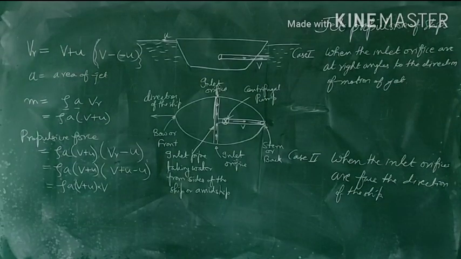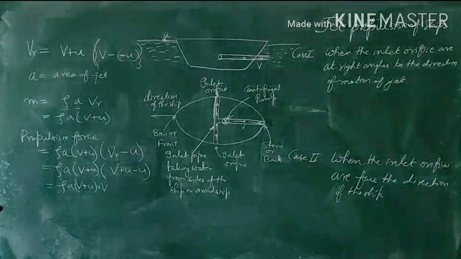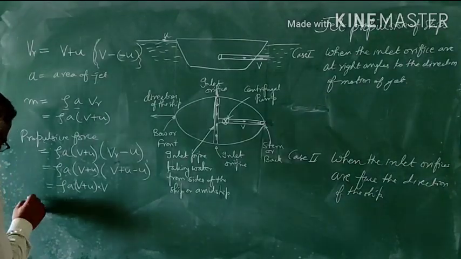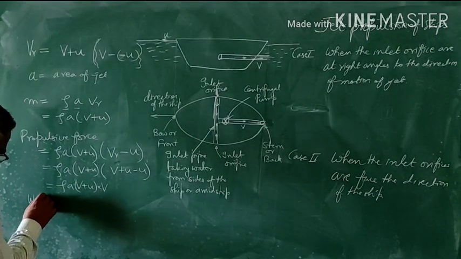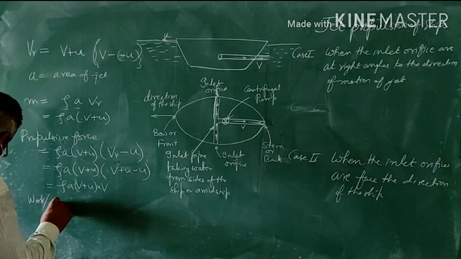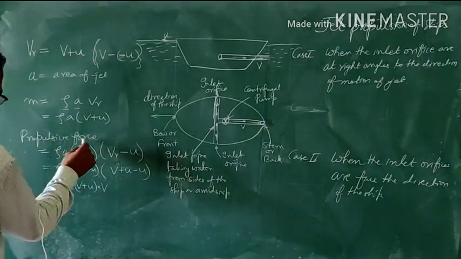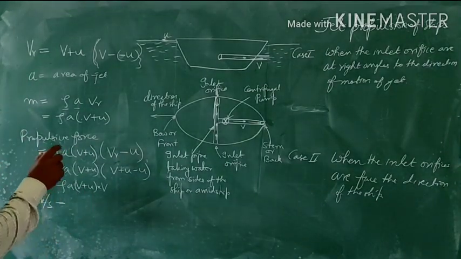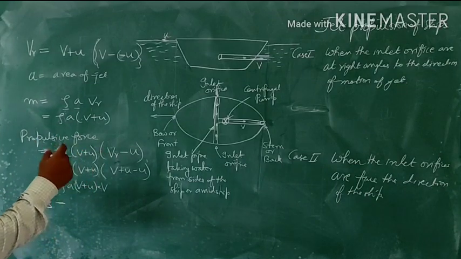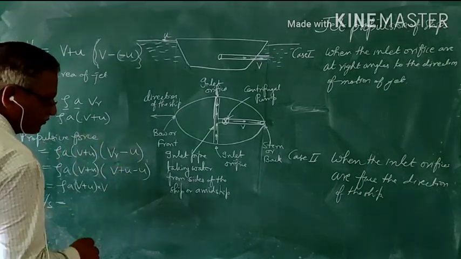Now if we want to find the propulsive work per second, it will be equal to the propulsive force multiplied by the velocity of the ship.